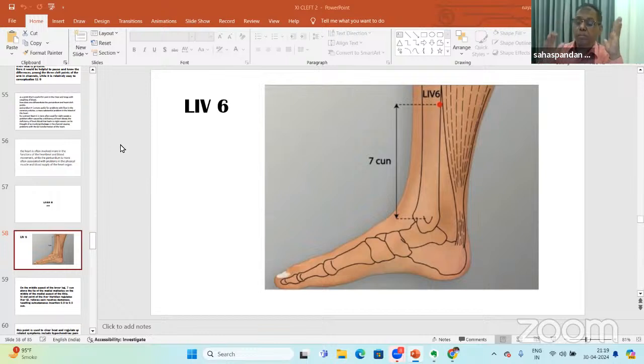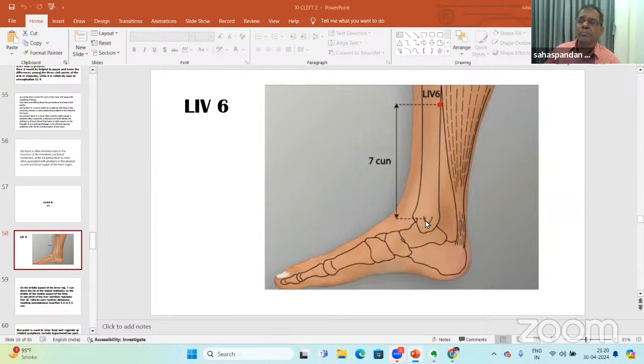The middle part of the lower leg. Go 7 cun above the tip of the malleolus, on the middle of the medial part of the tibia. This is the tibia bone, the medial part of the tibia.